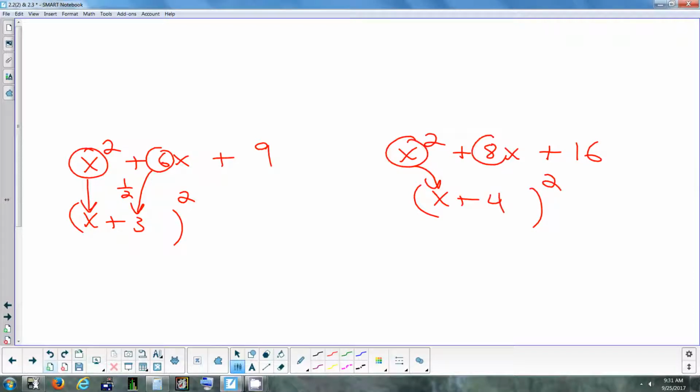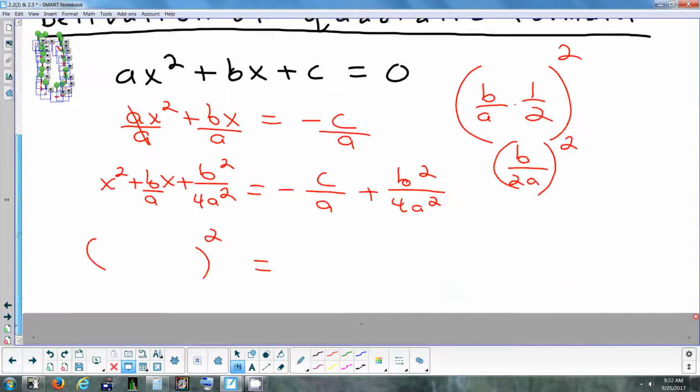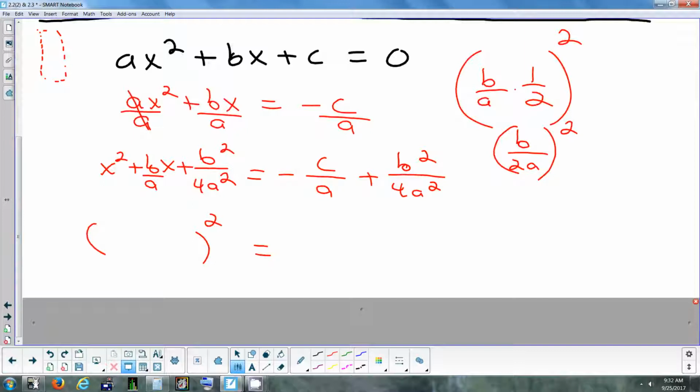That comes from there, and that's taking half of it. Now follow that same pattern to factor this. What's going to be the first thing inside the parentheses? x plus, and what's half of that? b over 2a.